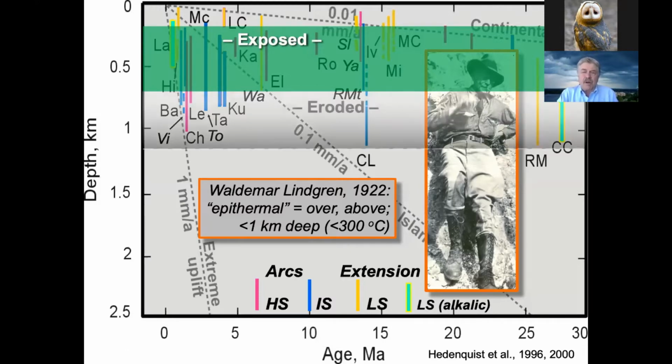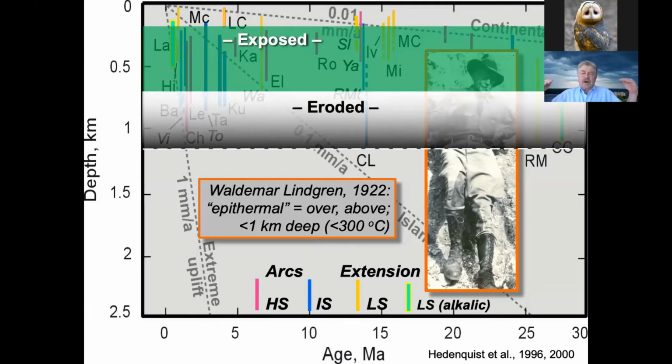Of course, if we have very deep erosion of a kilometer or so, basically we have eroded to the base of the epithermal deposits, and most of the epithermal potential is now gone. It's been eroded. In this case, however, it's possible that we are closer to the porphyry environment if we've eroded the upper kilometer. So now we should be looking for porphyry copper potential.